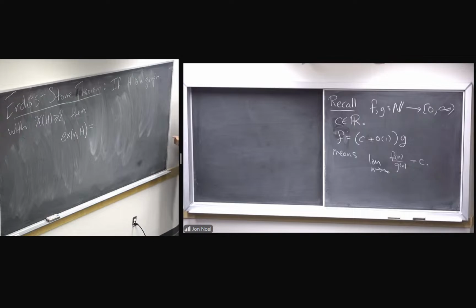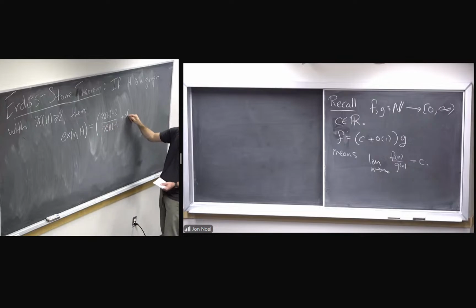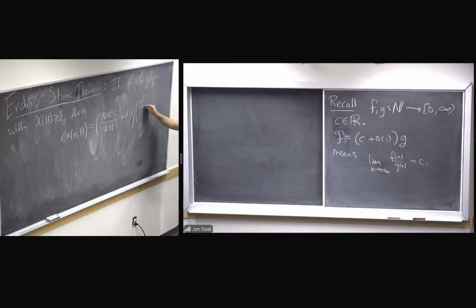There's going to be a slight difference in how I write it this time than last time. There was actually a small error last time. So I'm going to write this as chromatic number of h minus 2 over chromatic number of h minus 1, plus little o 1, times n squared over 2.